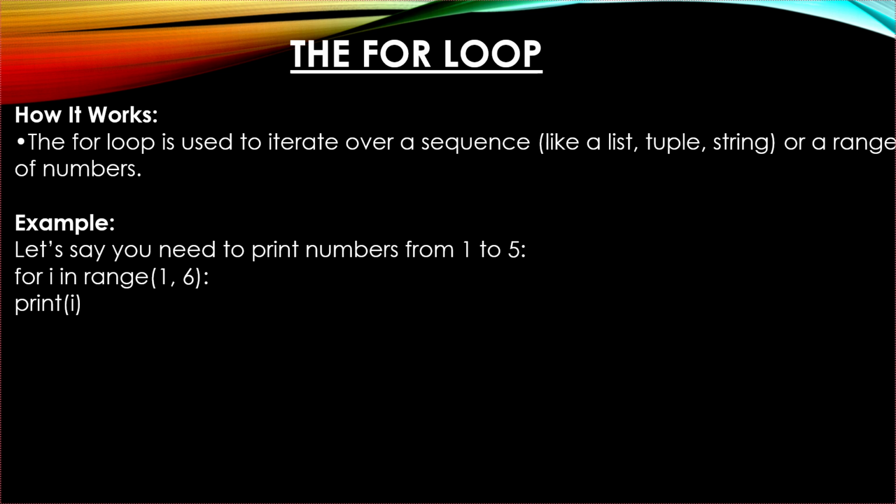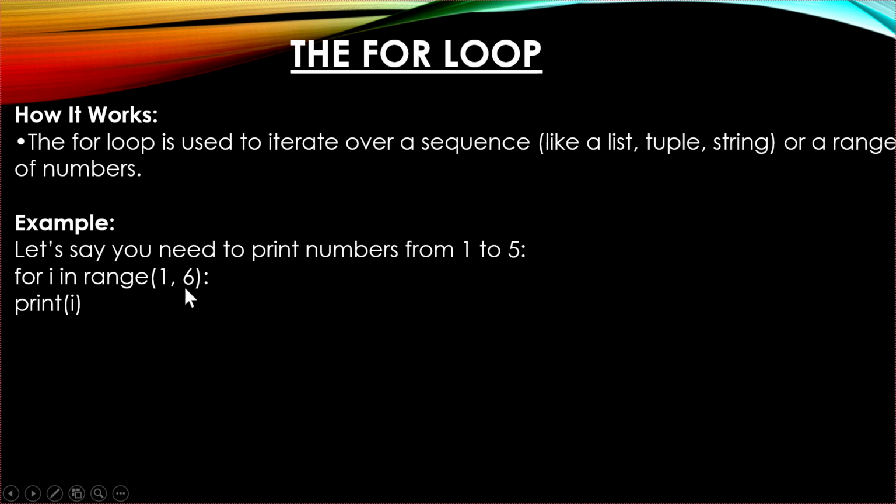And it is also used for a range of numbers. Let's say we need to print 1 to 5. So we write for a in range, and in range we add 1 to 6, because 1 is the starting point and 6 the end point. So from 1 to 6 only 1 to 5 will be counted.